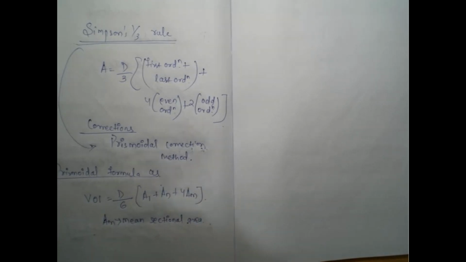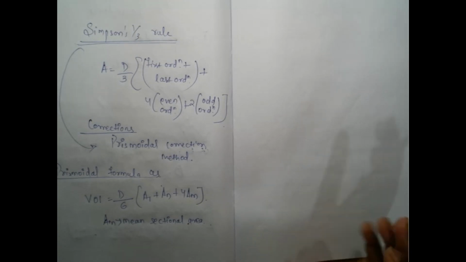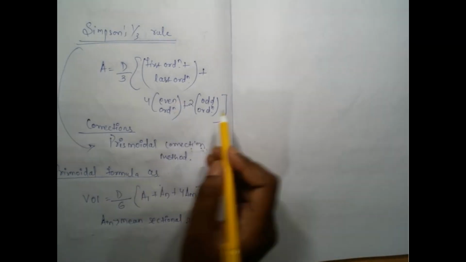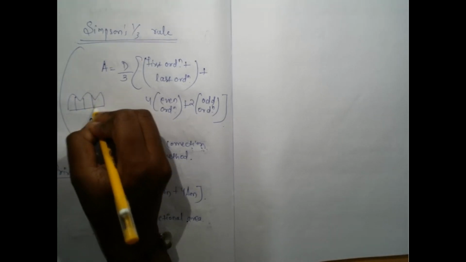As we previously assumed, the shape of the road is irregular, and we have divided it into a number of sections.